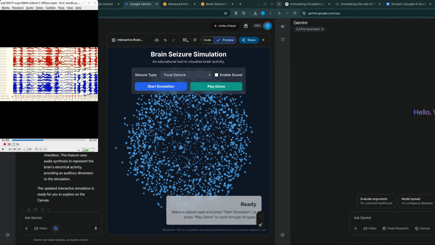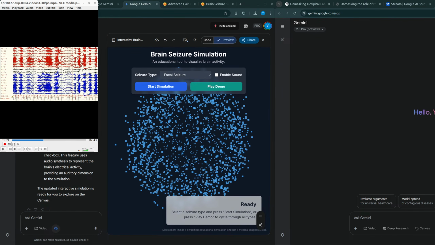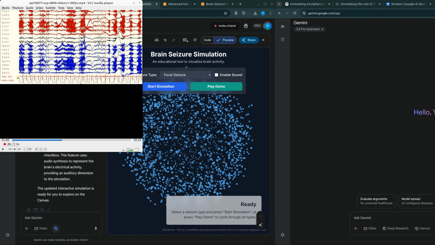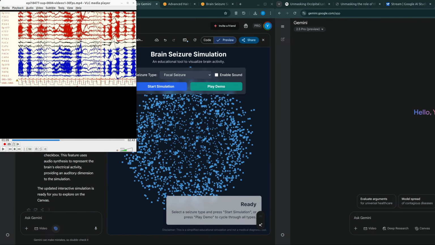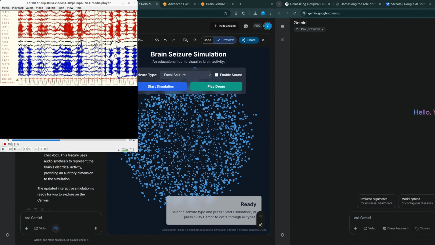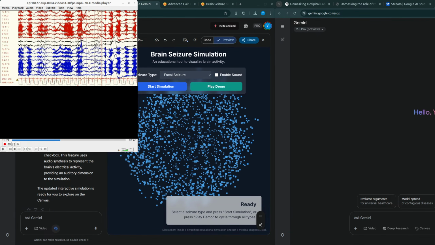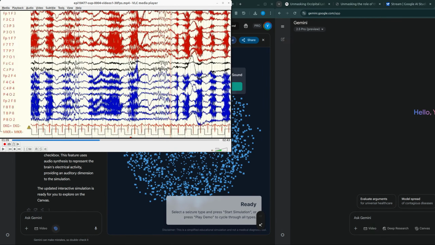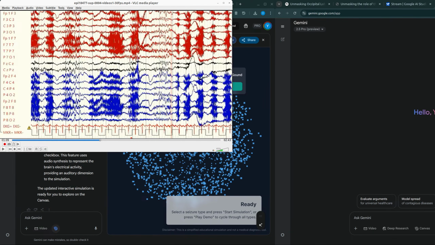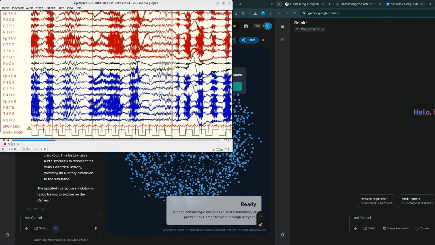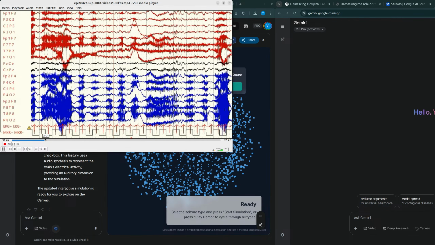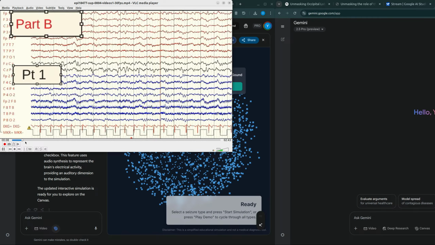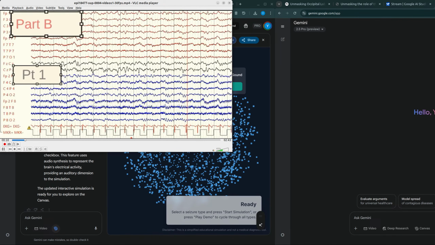Let's extract two images real quick. Let's extract this one, which is meant to be baseline.